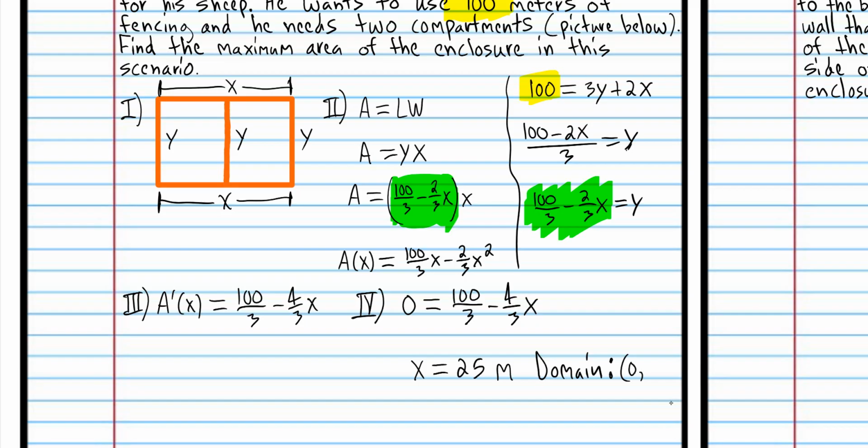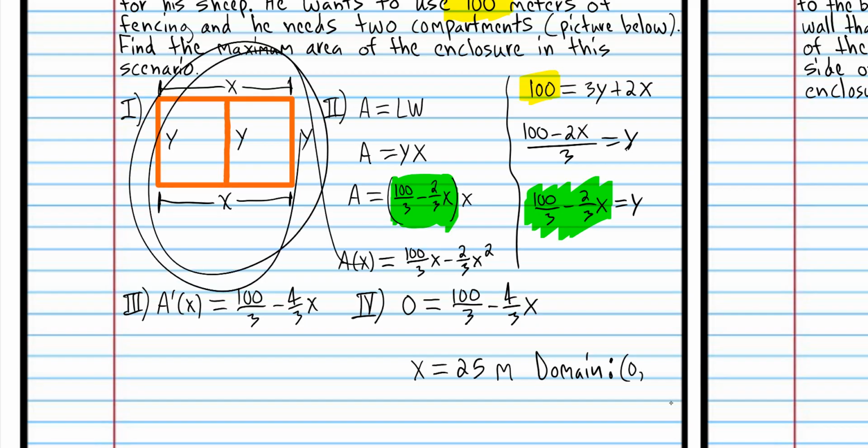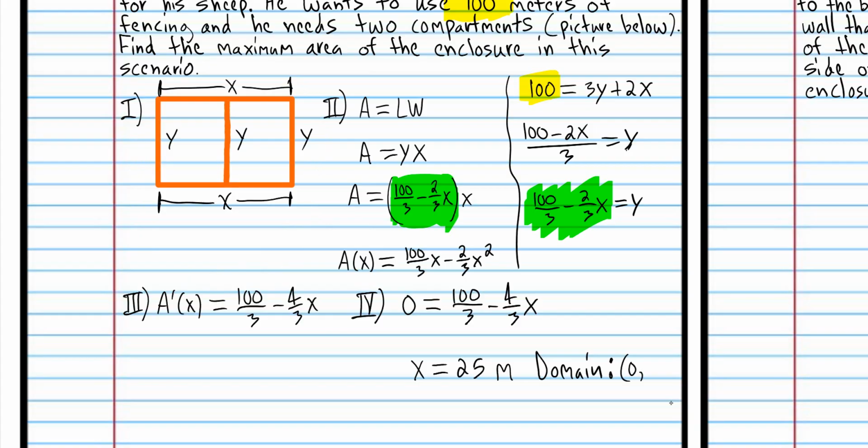It can't actually be 0 because then you wouldn't have an enclosure, right? Looking up here, if x is 0, then there's no enclosure. But x can approach 0 theoretically, right?